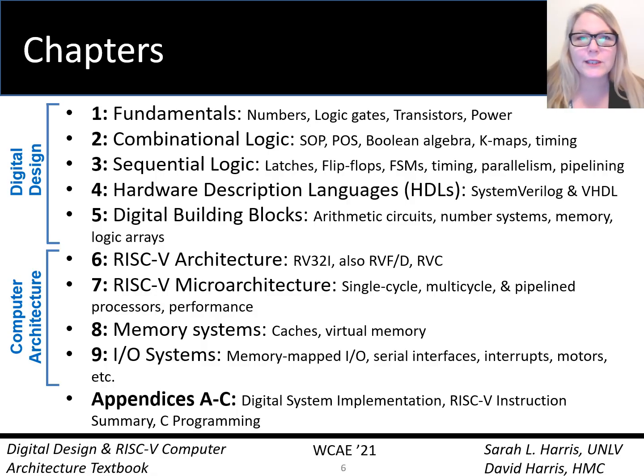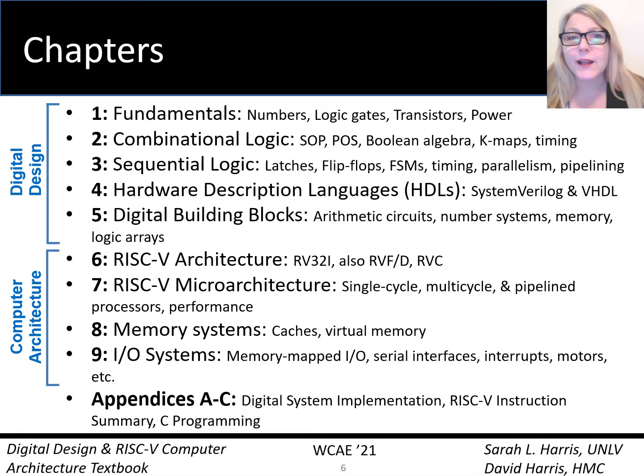So in chapter 6, we pop up a level of abstraction to the RISC-V architecture, talk about the instruction set, and also talk about some of the extensions, the floating point and double extensions, and the compressed RVC extension. And we also talk about pseudo instructions and the stack and so forth.